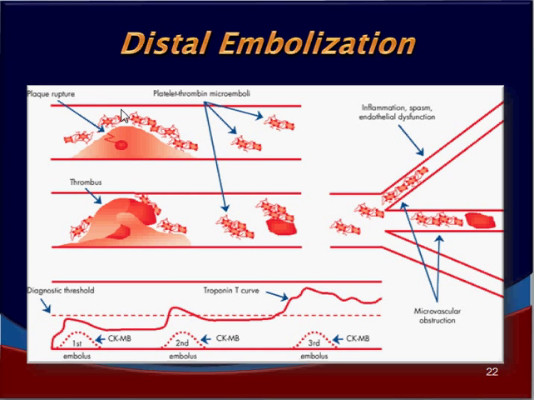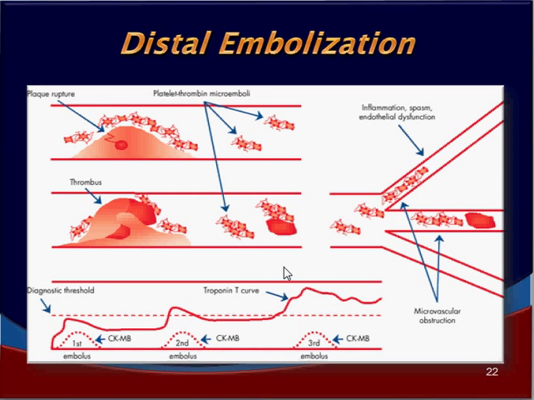So, a ruptured plaque triggers platelet adhesion, and platelet thrombin microemboli will form, and these emboli are nothing but the aggregates of platelets associated with thrombin material. These microemboli travel through the vessel, go into the distal sites and occlude the distal vasculature, and they also trigger inflammation, spasm and endothelial dysfunction in the microcirculation and produce microvascular obstruction.